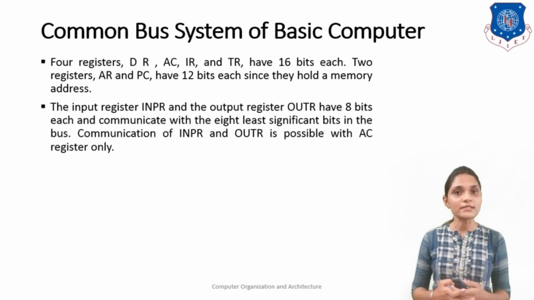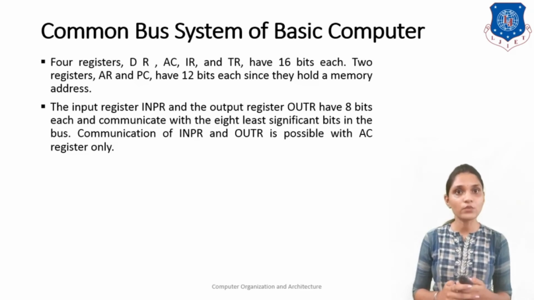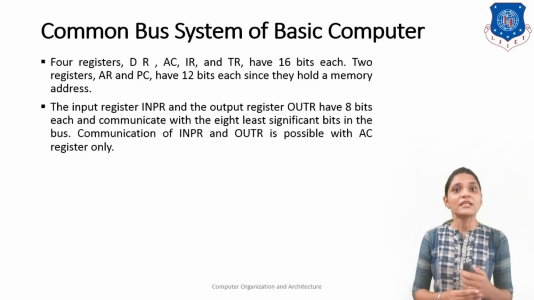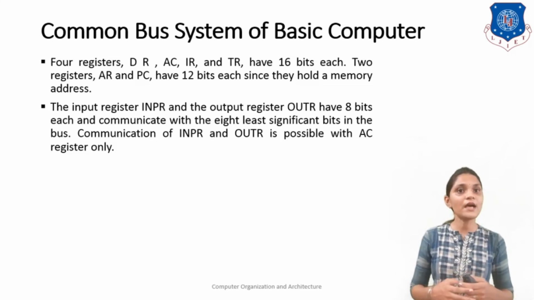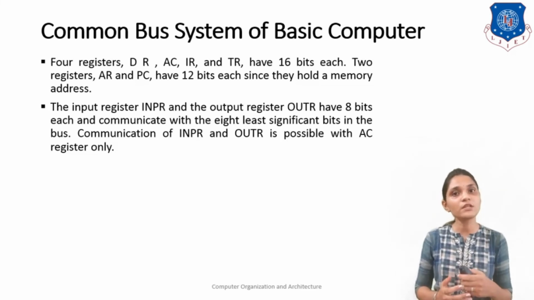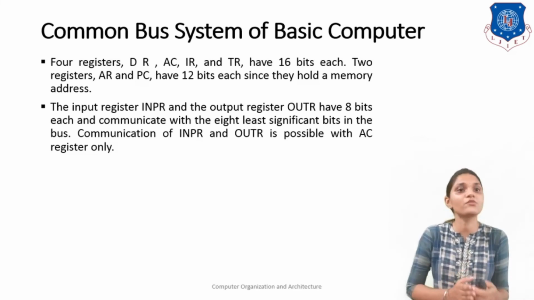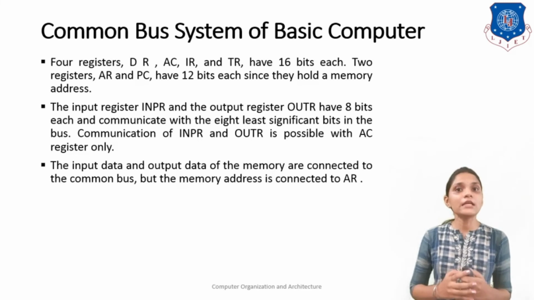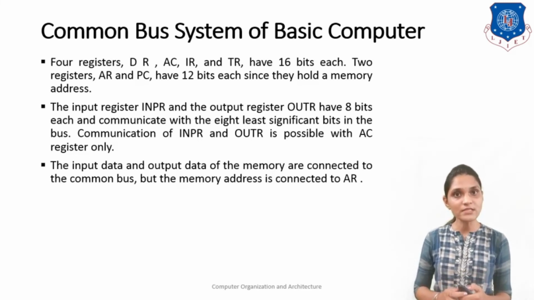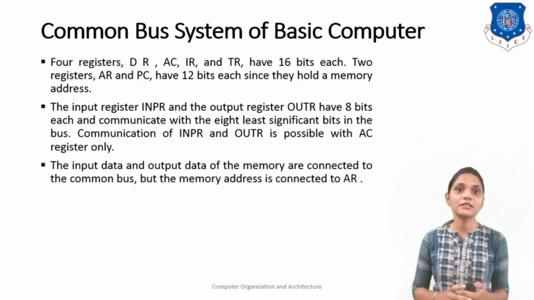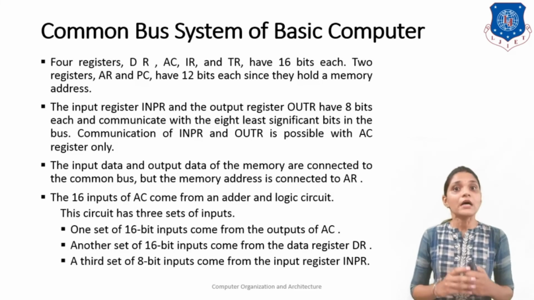The input register INPR and output register OUTR have 8 bits each and communicate with the 8 least significant bits in the bus. The communication of INPR and OUTR is possible with the accumulator register only, and that is also with the least significant 8 bits. The input data and output data of memory are connected to the common bus, but the memory address is connected to the AR register.